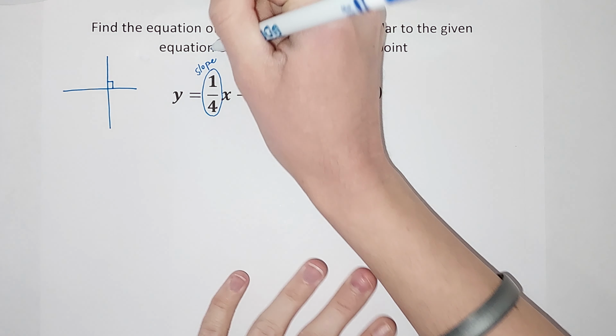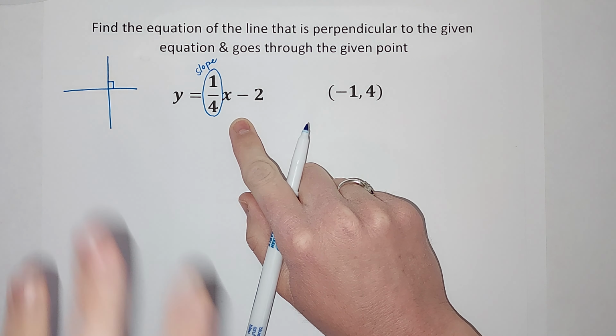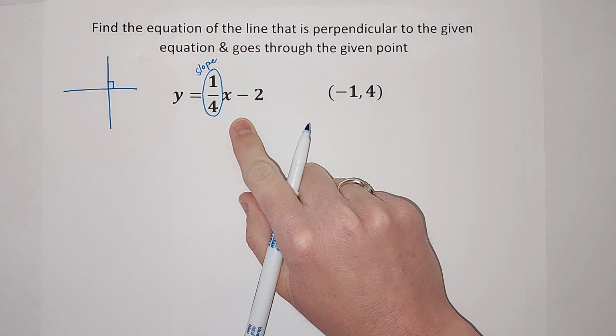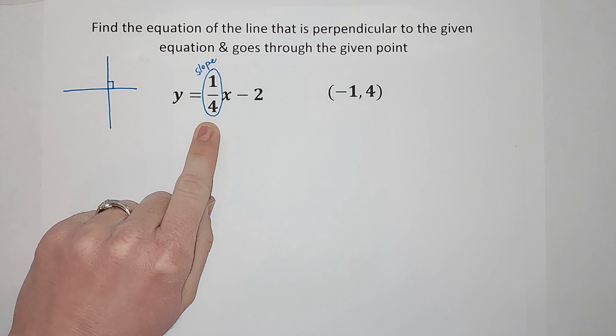So for a line to be perpendicular to this line, the slopes are opposite reciprocals to each other. That was a really big word, but all that means is we flip this fraction and change its sign.